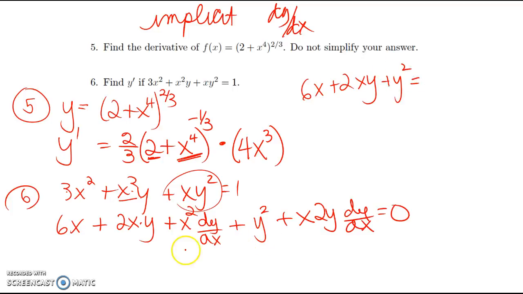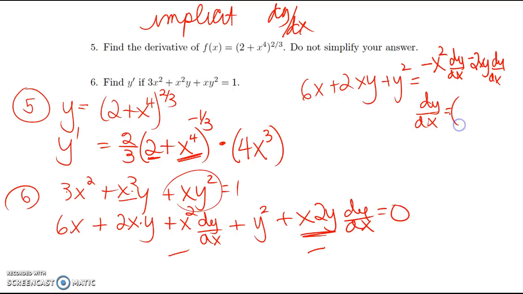And on the other side, when I subtract those both over, I'll have minus x squared dy dx minus 2xy dy dx. I just reordered this thing here. Factor out dy dx, and I'll have negative x squared minus 2xy.